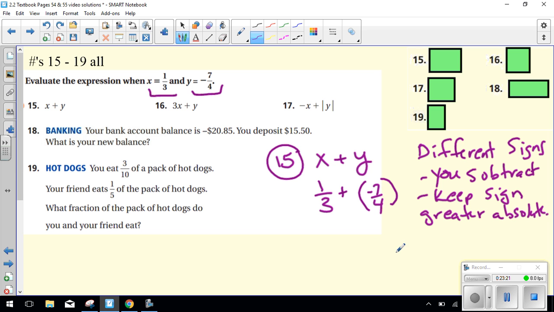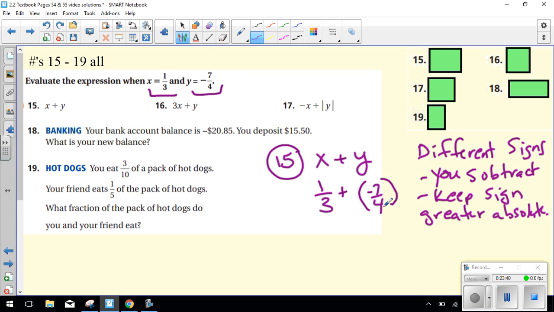Generally, these are the directions you'll follow for this problem. It has not changed from chapter 1. All that's changed is that we now have fractions, these rational numbers, instead of integers.